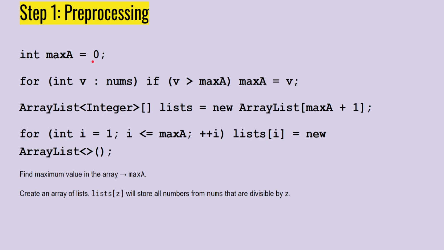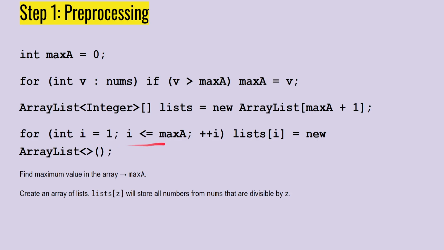Our purpose is to find the maximum value in the given array A, so we use max A. Next we will create a list. This list will be sized max A plus 1, and it will store all the numbers from nums that are divisible by Z.